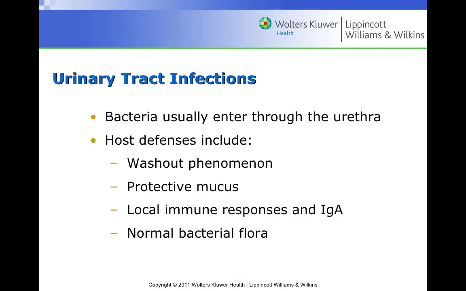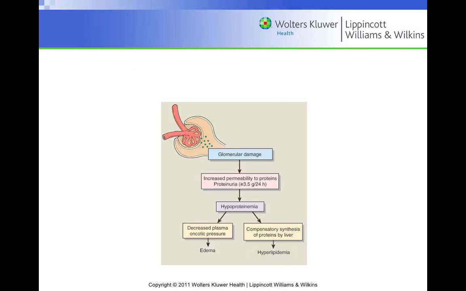Urinary tract infections occur when bacteria enters through the urethra. It can also occur when urine remains in the kidneys or in the bladder, creating a nice venue for bacteria. Glomerular damage is where the actual glomeruli in the kidneys get killed off.